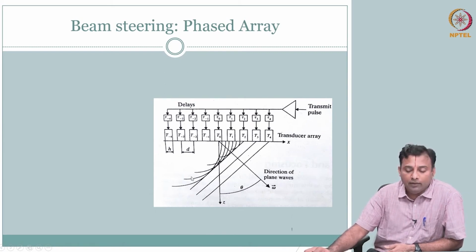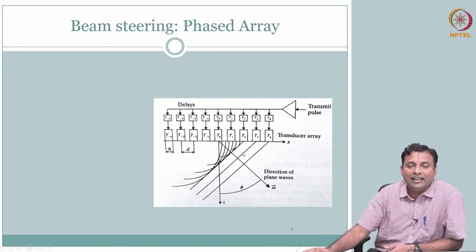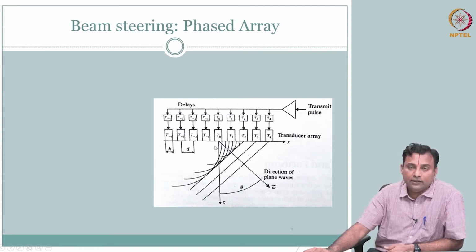Then the question is what is the distance that is different, or the path length. We do not call it distance, we usually refer to it as path length. Path is the path the wave is taking, and length is the length in that direction. What is the difference between the path length that a wave takes from T0 to come here, and the path length that T1 takes from here to come here?